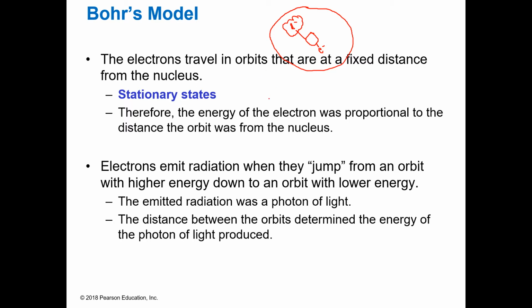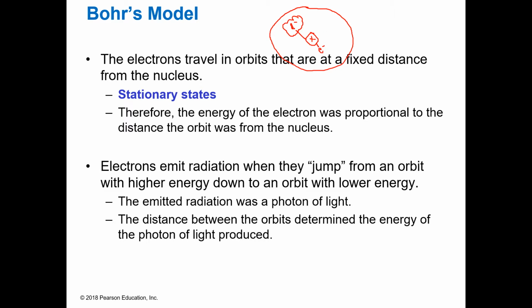With that being said, what we'll learn is that the energy of the electron is proportional to the distance from the nucleus. And what you're going to find is that the closer the electron is to the nucleus, the lower the energy. And that makes sense, right? Because how is your nucleus charged? It's positive.